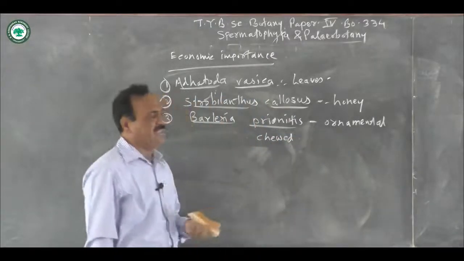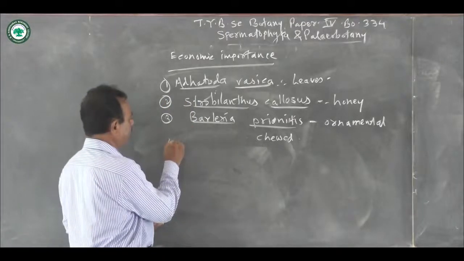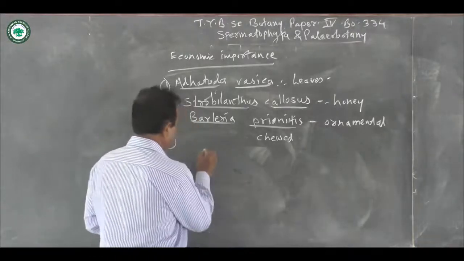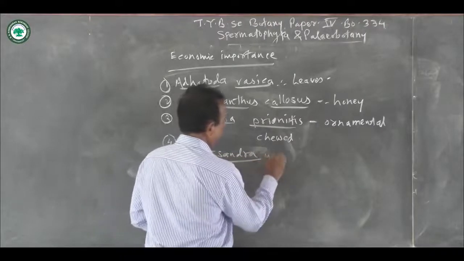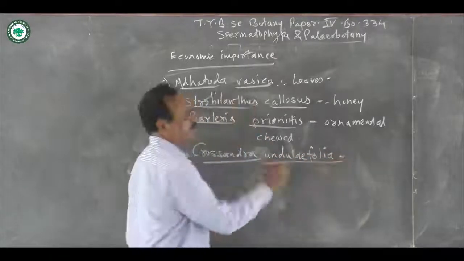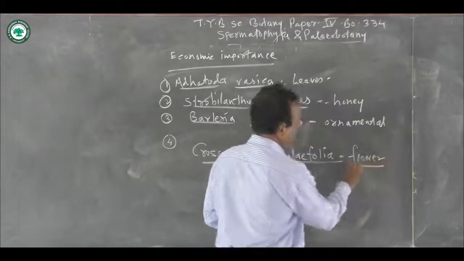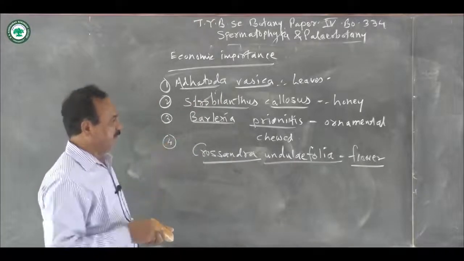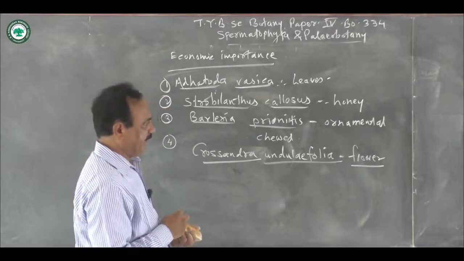If any person suffers from toothache, then these leaves are chewed for relief. Then the next is Crossandra undulifolia. The flowers of this plant are orange colored and very attractive, so this plant is generally planted for its attractive flowers.